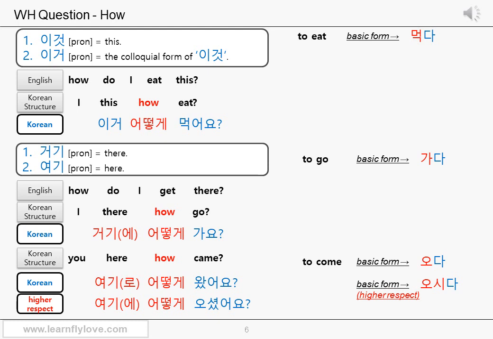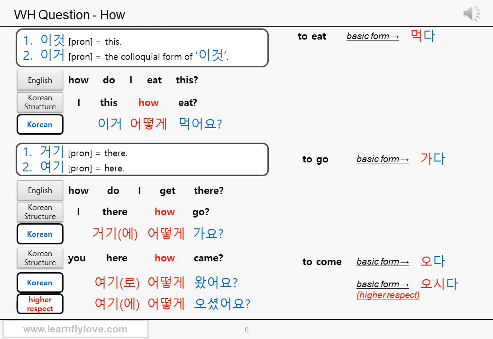It becomes 와. Therefore, the present simple tense form is 와요, not 오아요, okay? And then the past tense form is 왔어요, not 오왔어요, okay?